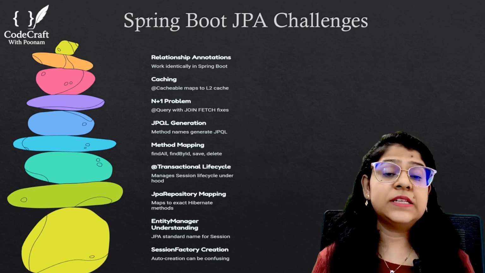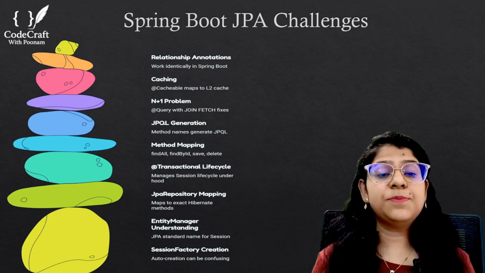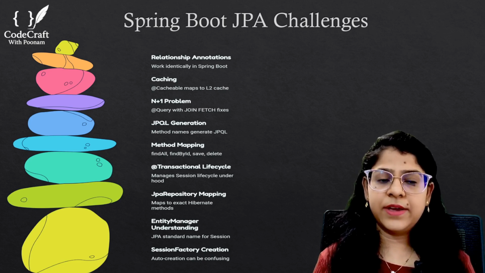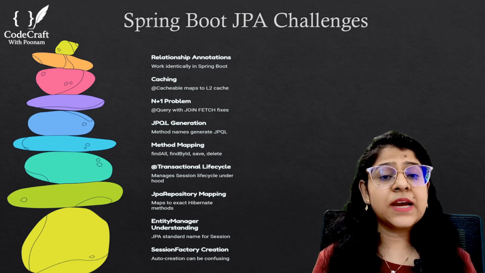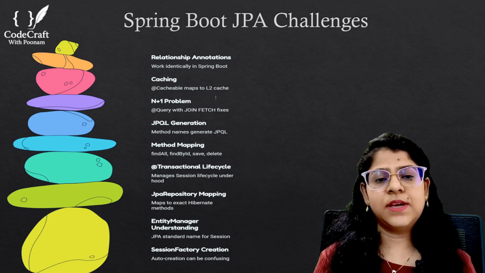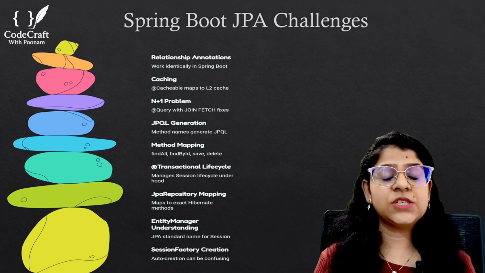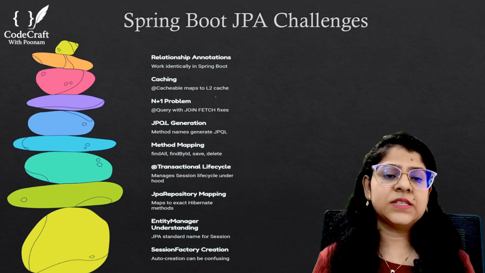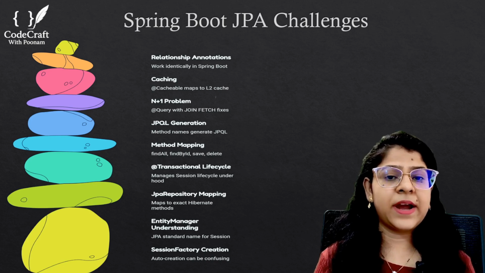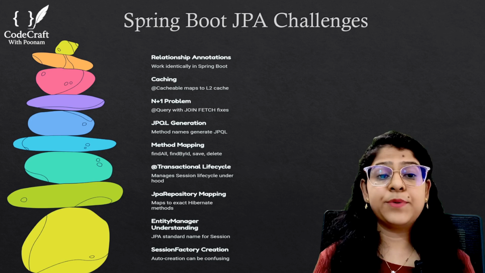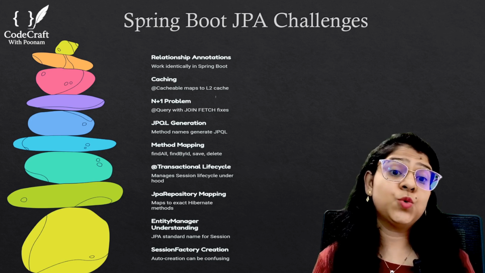And what EntityManager is, the JPA standard name for session. And how JpaRepository maps to exact Hibernate session methods. And what @Transactional does under the hood, that is the session lifecycle. And how methods like findAll, findById, etc. map to our session 2 code.